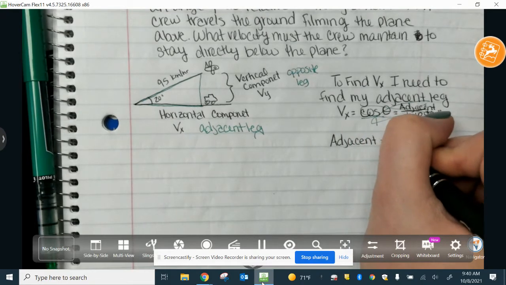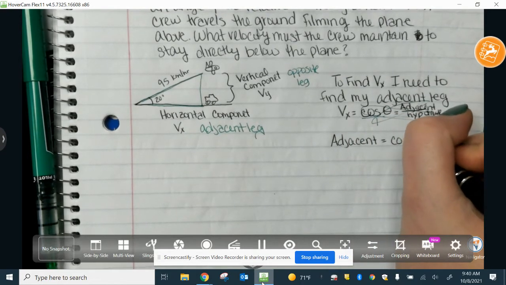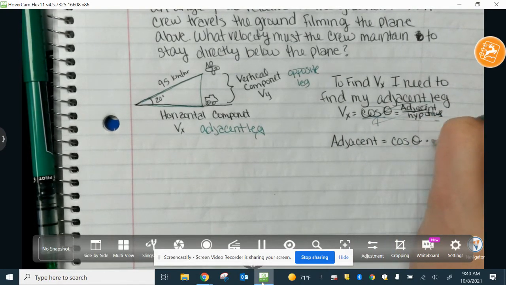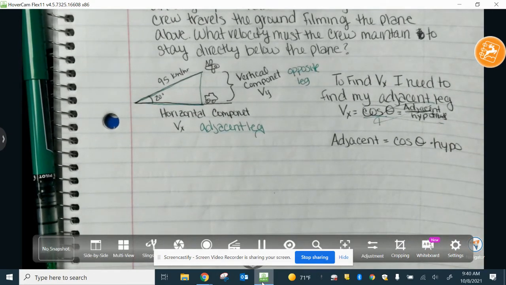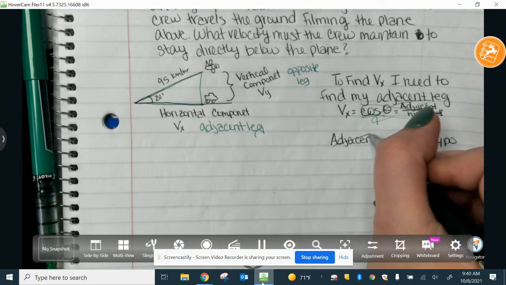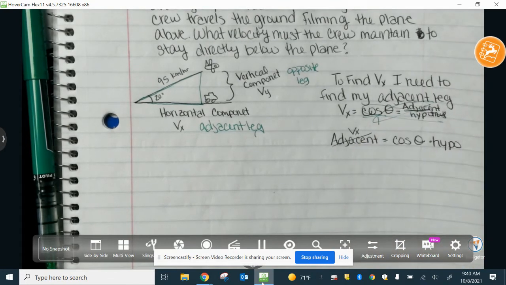And I'd get my adjacent leg is equal to my cosine of theta times my hypotenuse. But really, my adjacent leg is Vx.